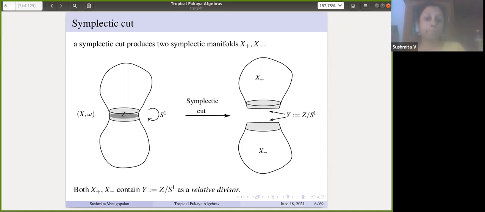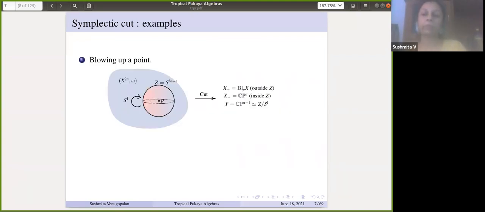And this quotient, the boundary modded out by S1, which we call Y, is a divisor. It's a codimension 2 symplectic submanifold, and it's called a relative divisor. The simplest example, the first example of a symplectic cut, is that of a point blow up, in which case the separating hypersurface is a sphere around a point, the boundary of a Darboux ball.